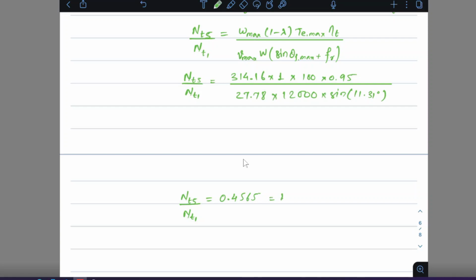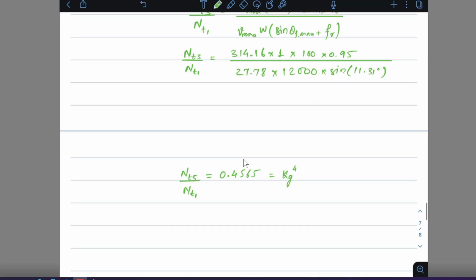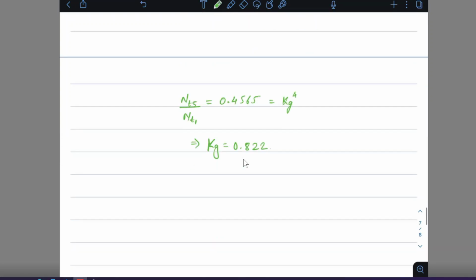This is also kg power 4. This implies we will get kg as 0.822. Since NT4 was 1, we will get NT5 as kg into NT4, which is 0.822.